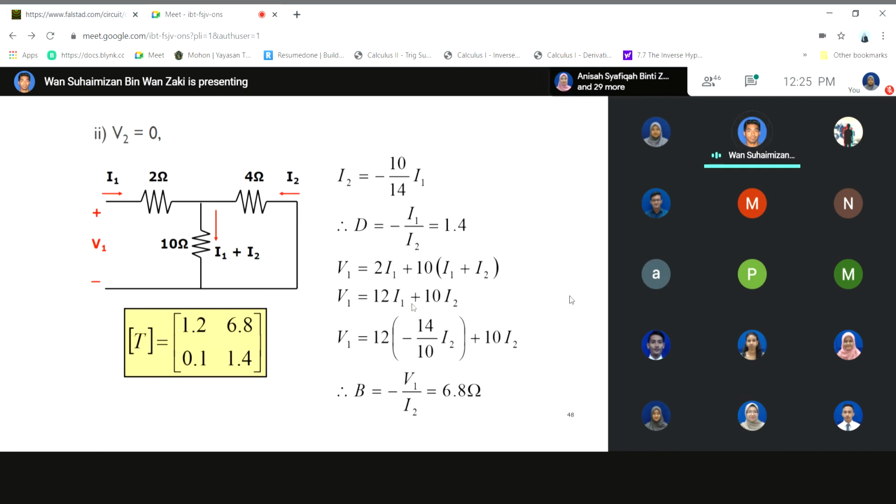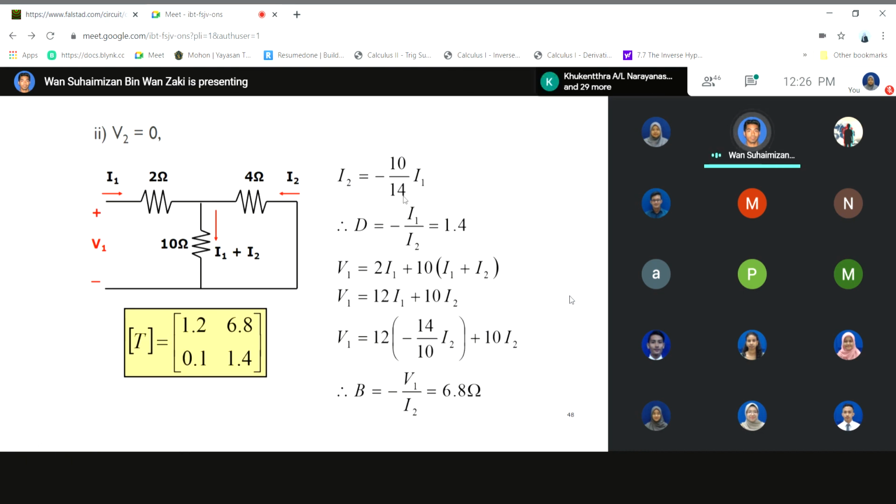Then you rearrange the equation in I1 and I2. Because you want the ratio of V1 and I2, you replace I1 with the I2 equation.